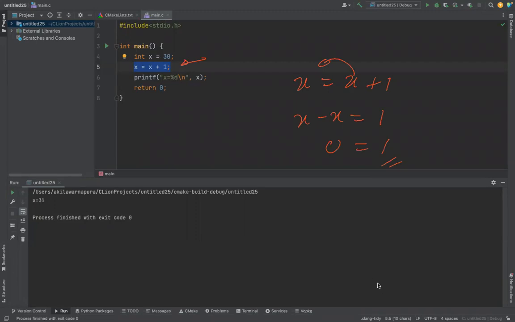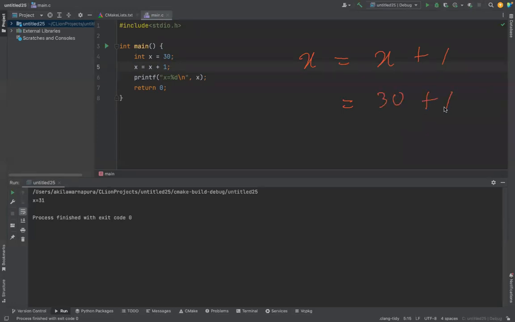Sometimes you may get confused between the mathematical equation and this kind of expression. The meaning of x equal x plus 1 in programming is different from the mathematical equation. That means the existing x is 30, 30 plus 1 means 31.